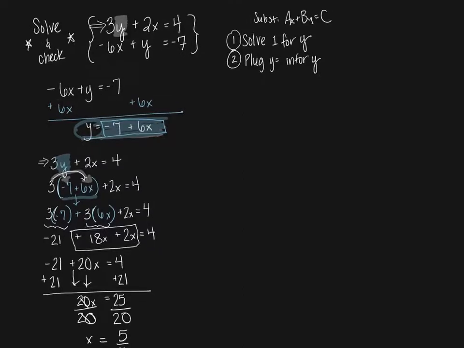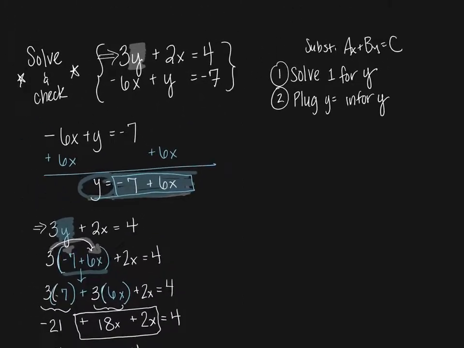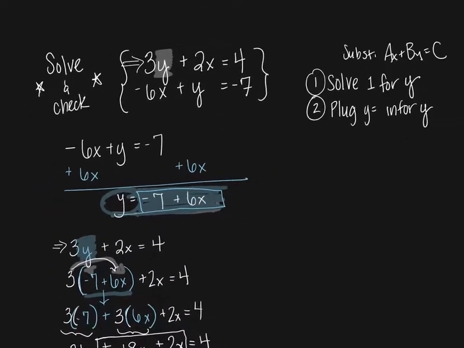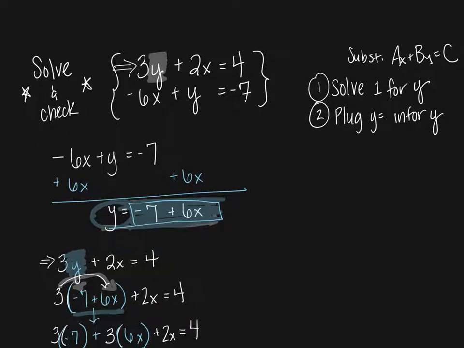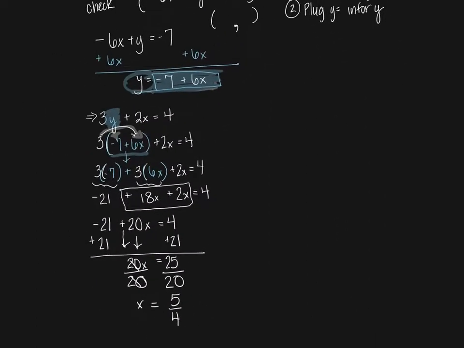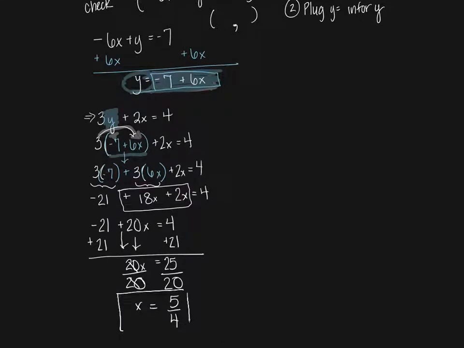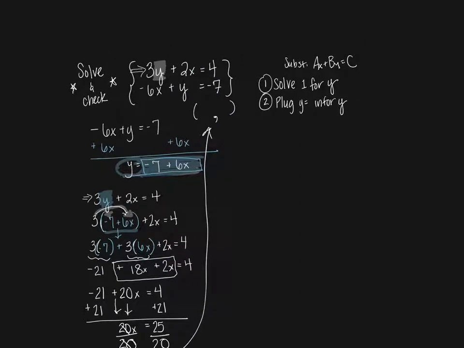So I'm going to come back up here, and remember that when we solve and check, we want to solve and get something in here. So if I know that my x equals 5/4, that is my x value. That goes here in my ordered pair. All right, so at this value is where this line intersects with this line. Now we have to find our y.